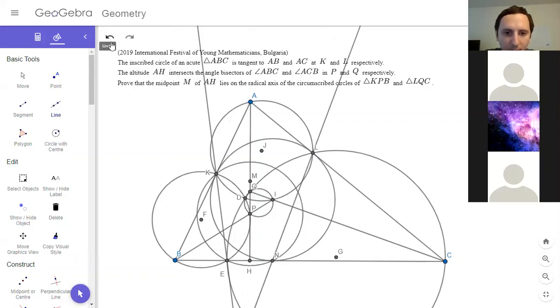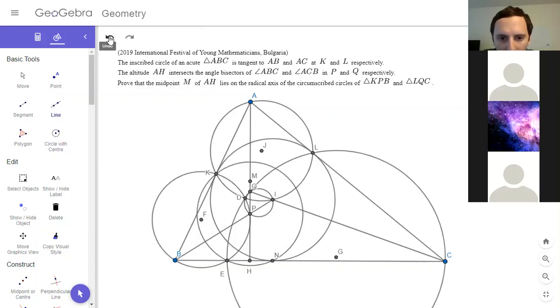I think we can try defining N to be the reflection of E and then prove that IMB is 90 degrees, or maybe IM parallel to PH. IN is parallel to EH? Now, I mean, we can assume that HE is equal to HN and then try to prove that IM is parallel to AH.